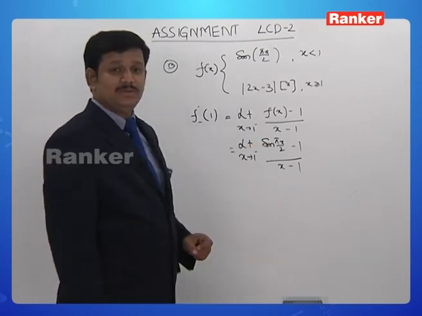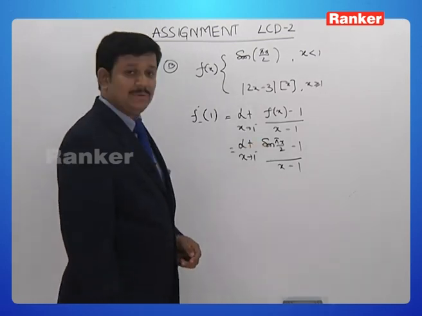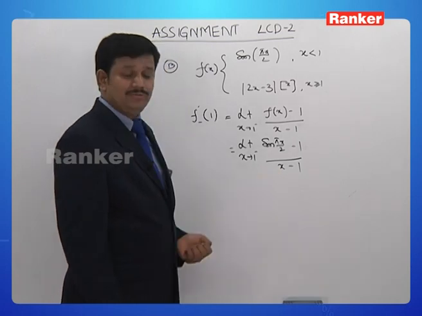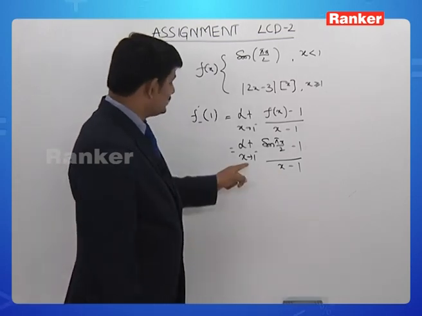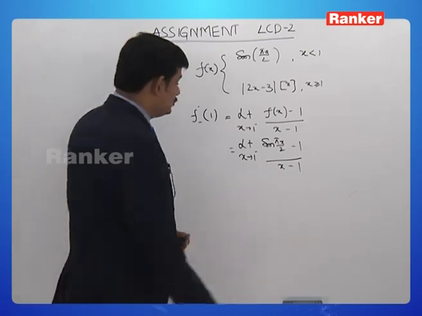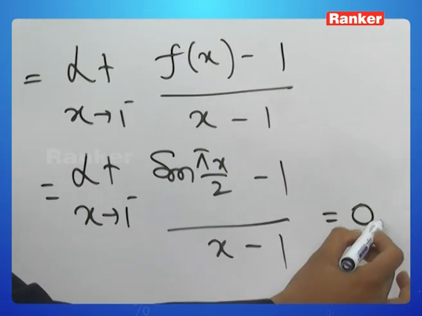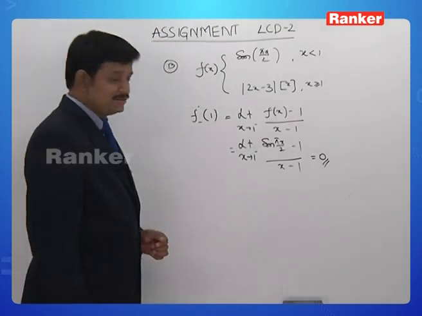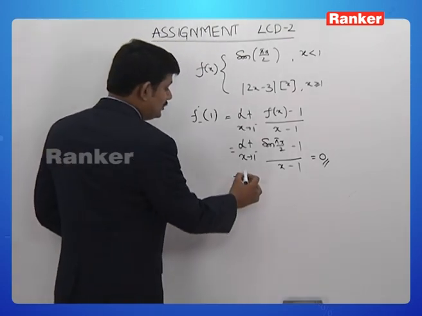Derivative of sin pi x by 2 is pi by 2 cos pi x by 2. Derivative of x is 1, and as x tends to 1, cos pi x by 2 tends to 0. So, this limit will be 0. Let us evaluate by L'Hospital rule.